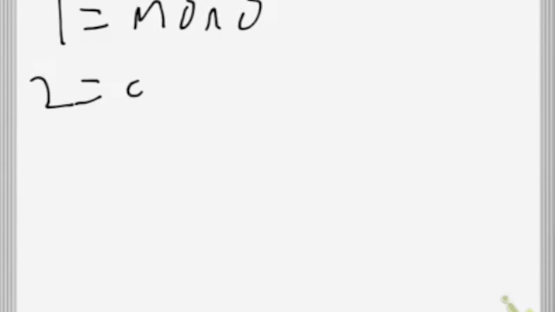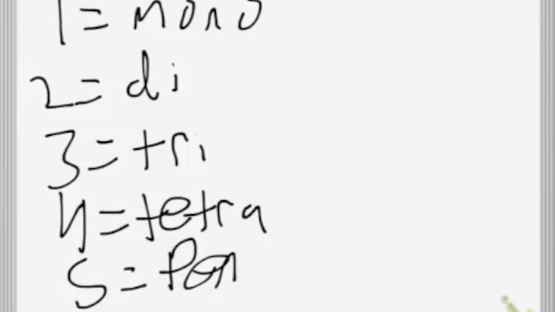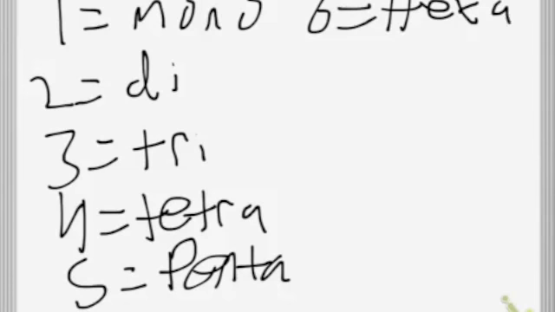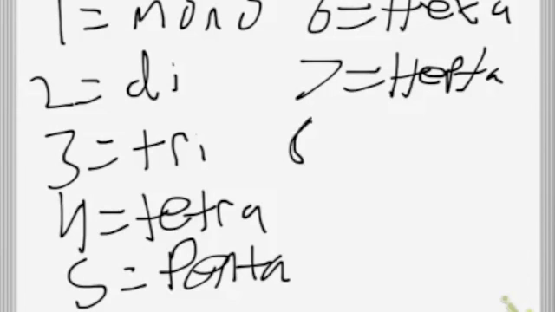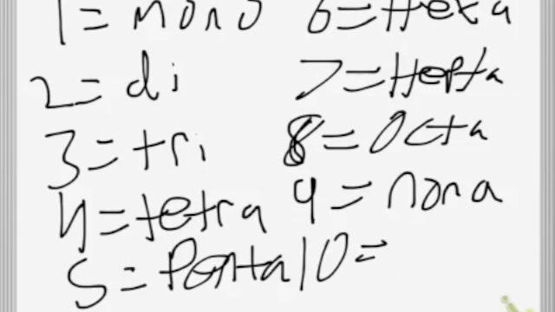So the way the prefixes start is that you have 1, which is mono, 2, di, 3, tri, 4, tetra, 5, penta, 6, hexa, 7, hepta, 8, octa, 9, nona, and 10, deca.